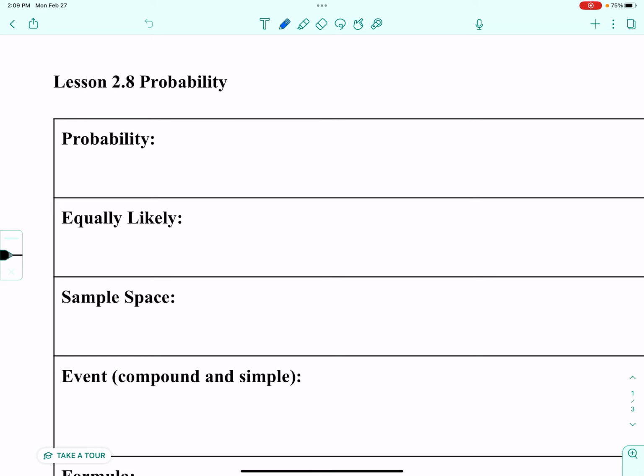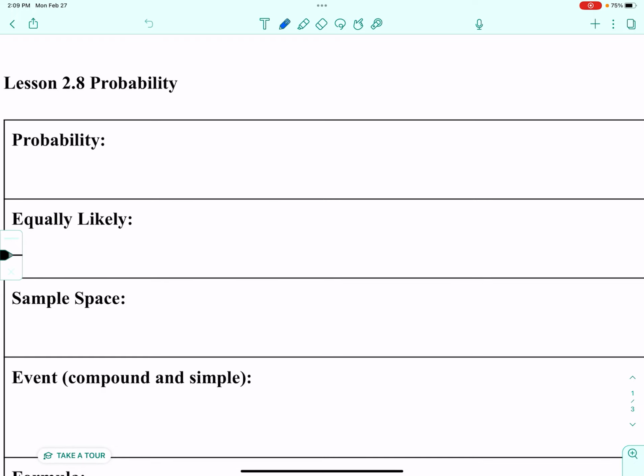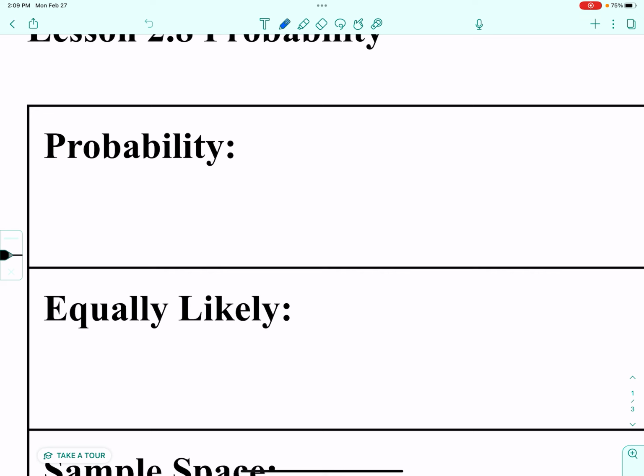In this section for O300, we're going to take a look at probability. Probability is a measure of how likely something is to occur.